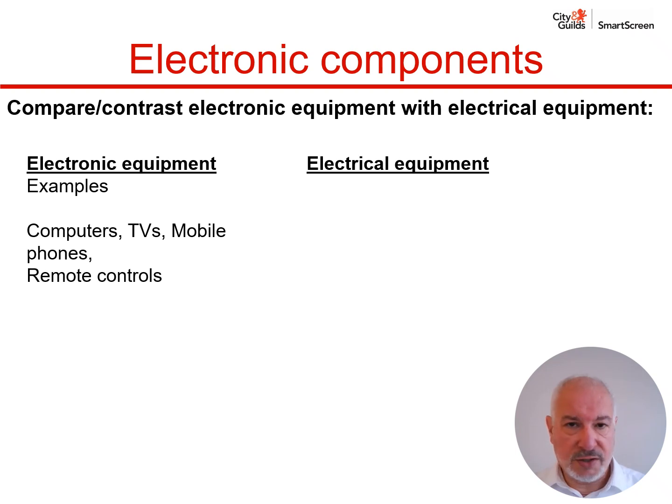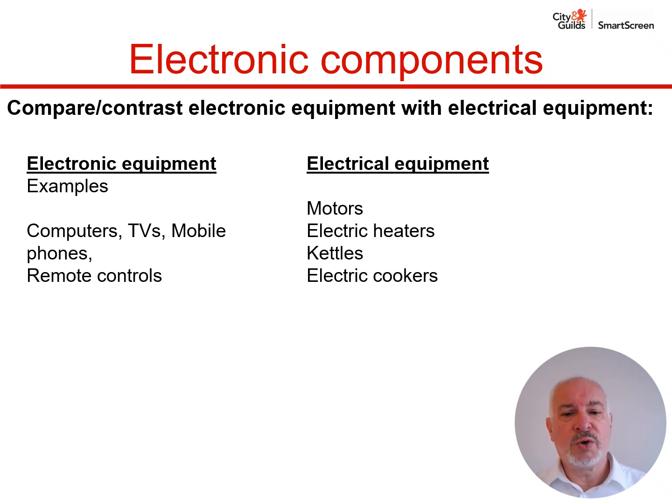I mean, the list can go on and on. There's many types of electronic equipment. Generally speaking, they're quite small, and certainly the components inside are very small. And then think about electrical equipment. We'd be thinking about things like motors, electric heaters, kettles, electric cookers.